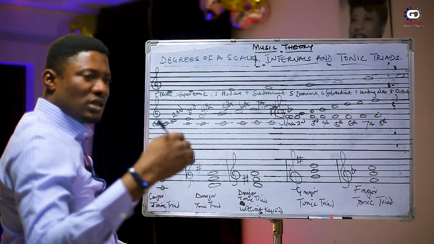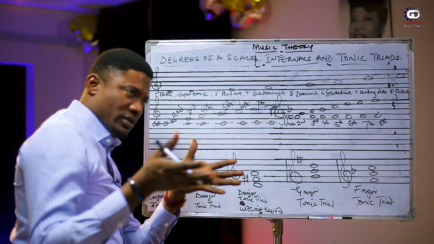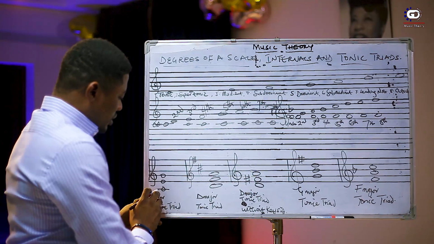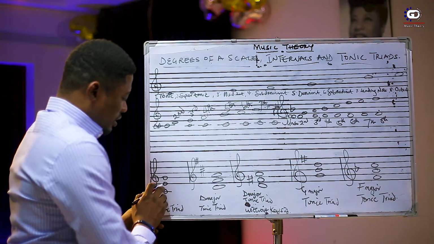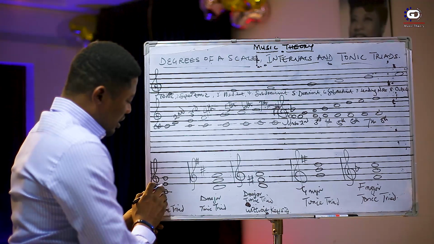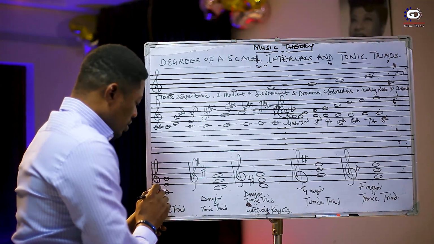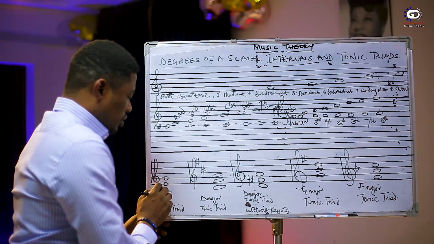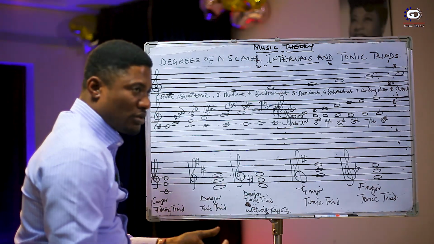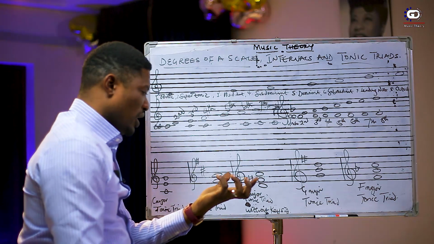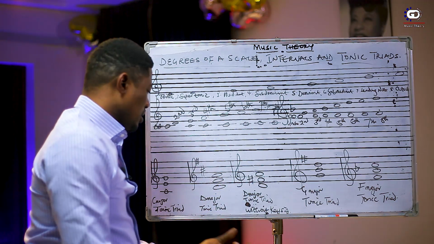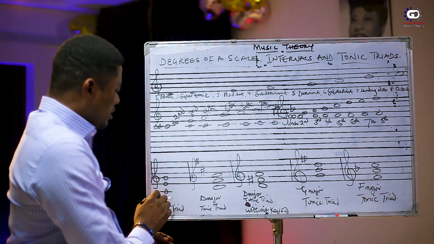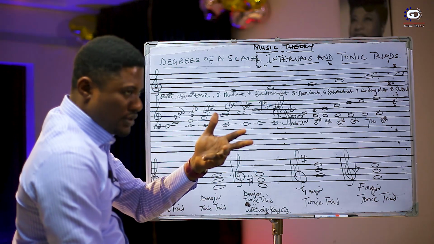So it goes in odd numbers. The first note is your C, the third note is your E, and the fifth note is G. So that's a C tonic triad. You can play this on the piano actually, or any string instrument. Right, so the tonic triad is the first note, the third note, and the fifth note.